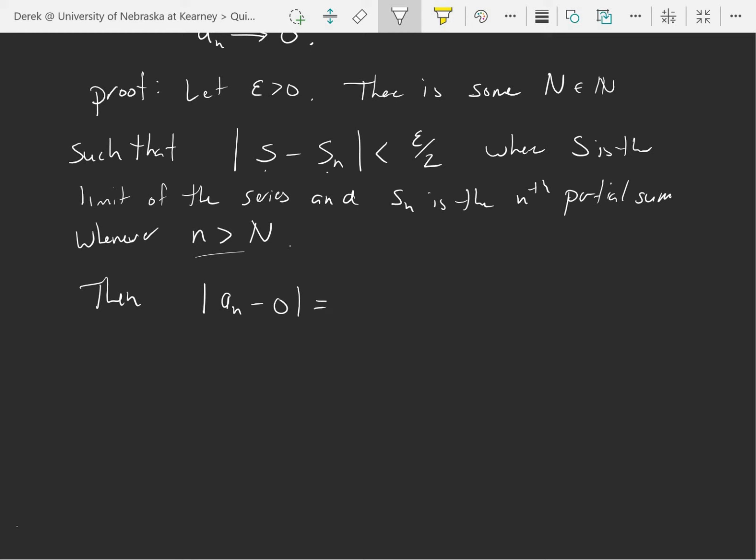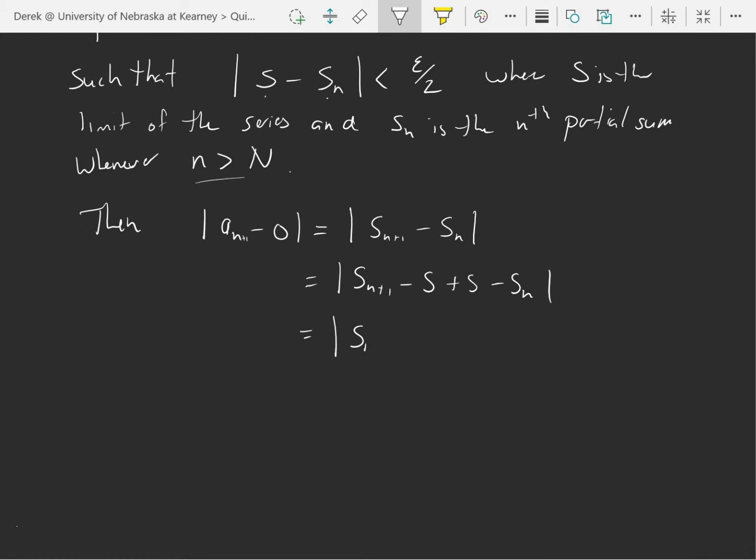Well, this is equal to, let's go with a sub n plus 1. This is equal to s sub n plus 1 minus s sub n, right? Which is equal to s sub n plus 1 minus s plus s minus s sub n, which is less than or equal to the absolute value of s sub n plus 1 minus s plus the absolute value of s minus s sub n, by the triangle inequality.